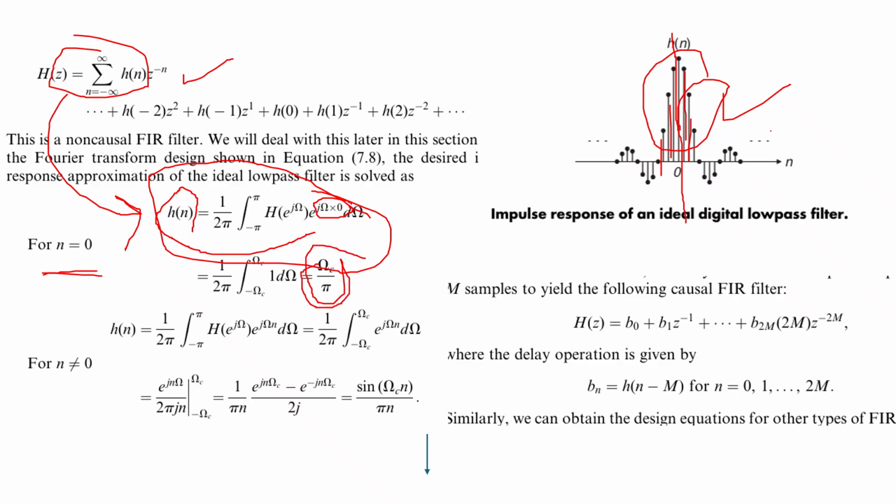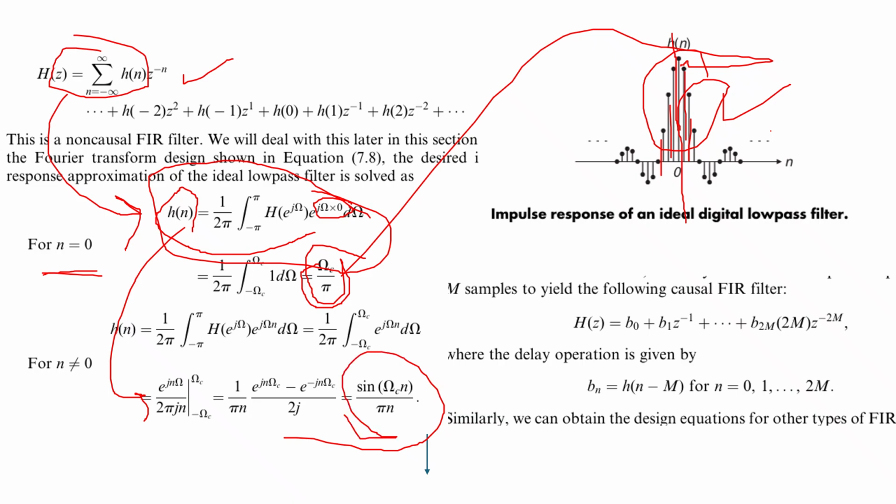This is only for what? This one, right? So h(0). For the remaining parts you have to calculate. So if n is not equal to 0, again solve this equation, you will get the sinc function. Why is it so? Already we know that the transform of the rectangular function is the sinc function, right?